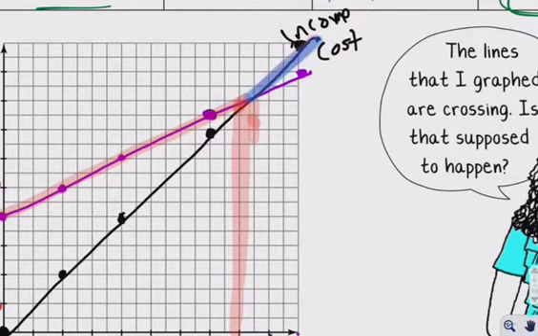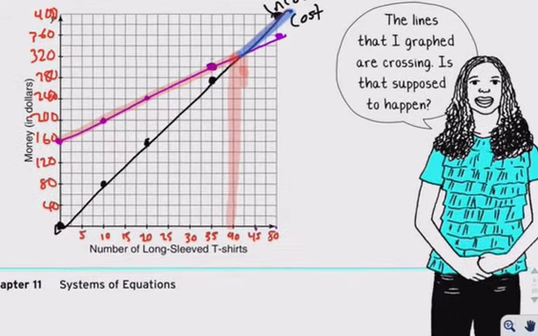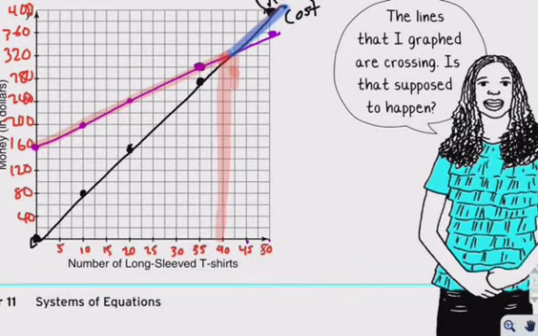So, possibly more than 40. Looks like they have to sell more than 40. That's when it gets more. Okay, a little bit more than 40. I think 40 is the magical number because this graph isn't accurate.